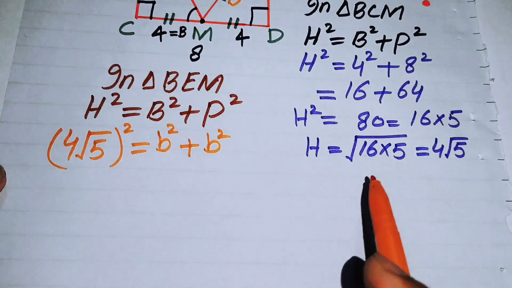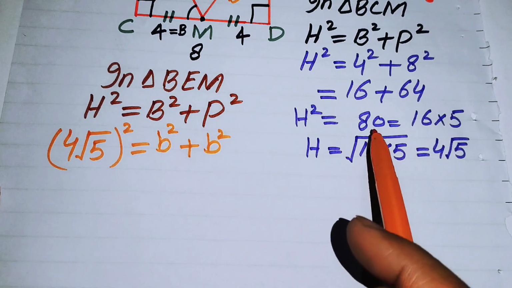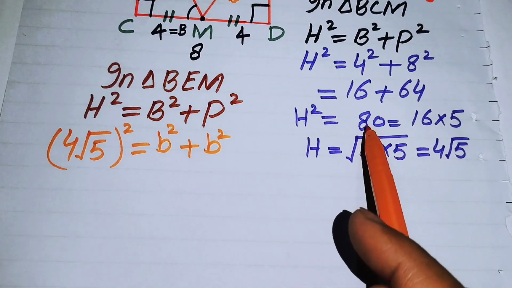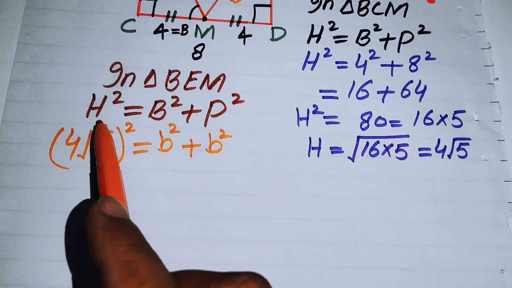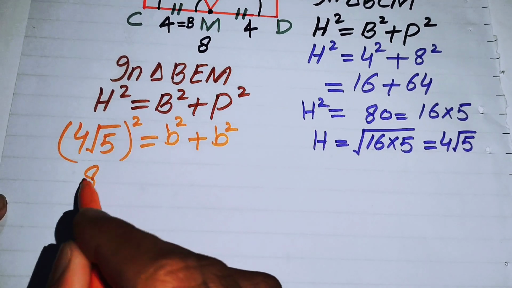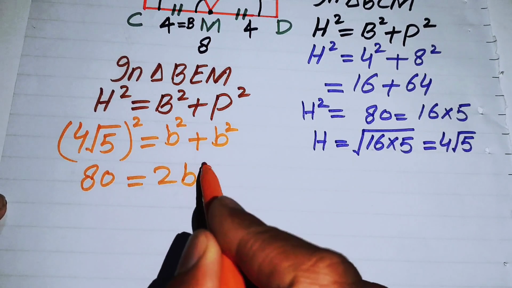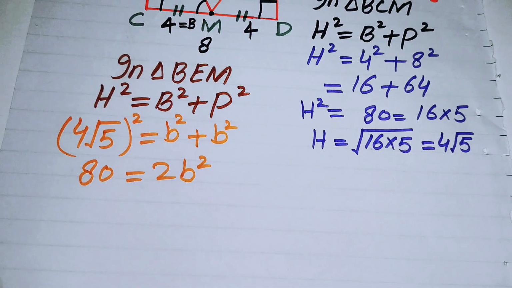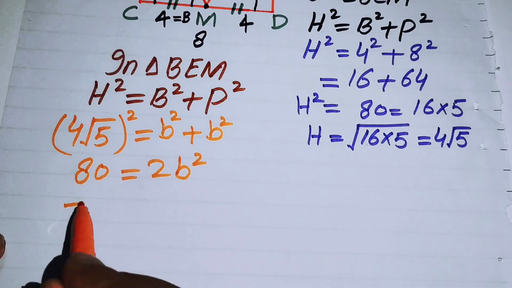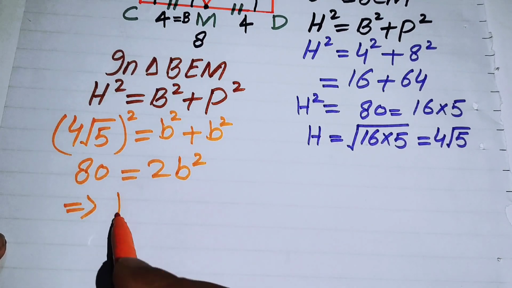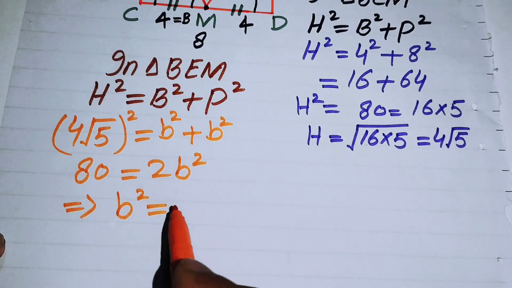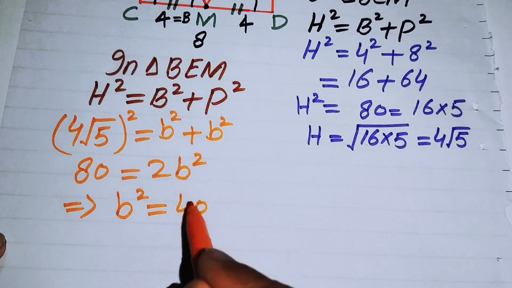Here you see that the square of h is 80. So we substitute the value of h square, which is 80, and when we add these two values, it becomes 2 times b square equals 80. So this implies that b square equals 40.